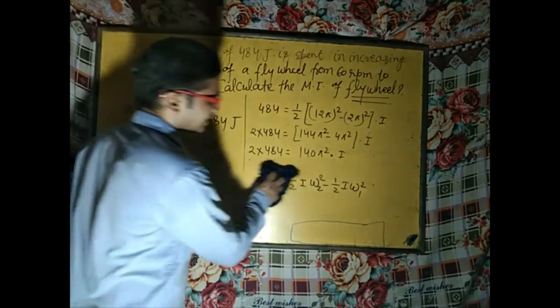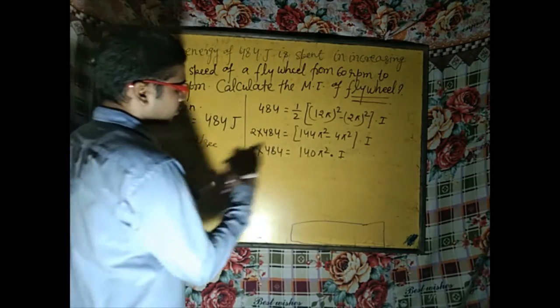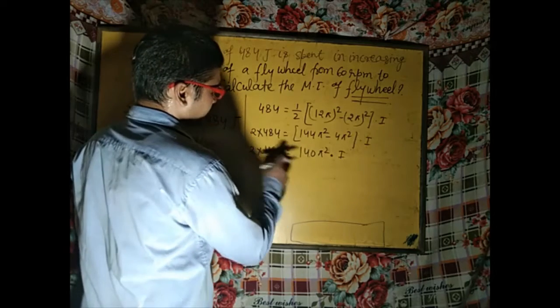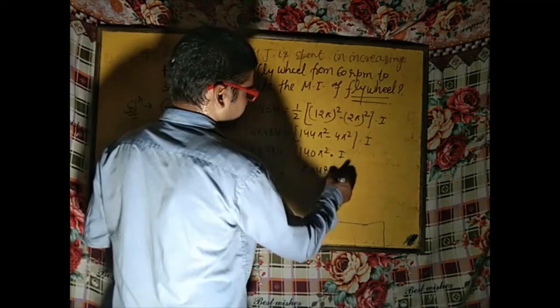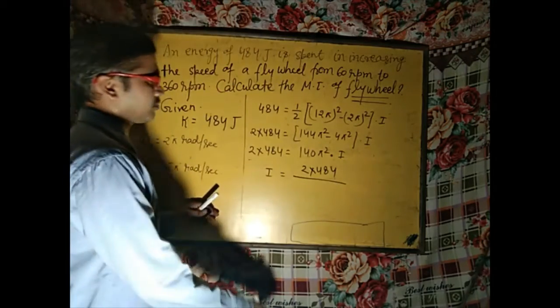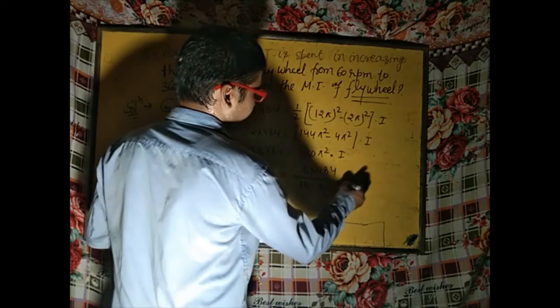I am going to erase the last line. So you can write I is equal to 2 into 484 upon 140 pi square.